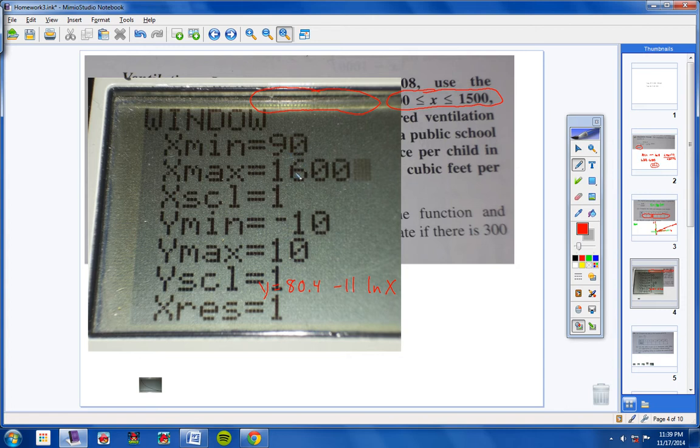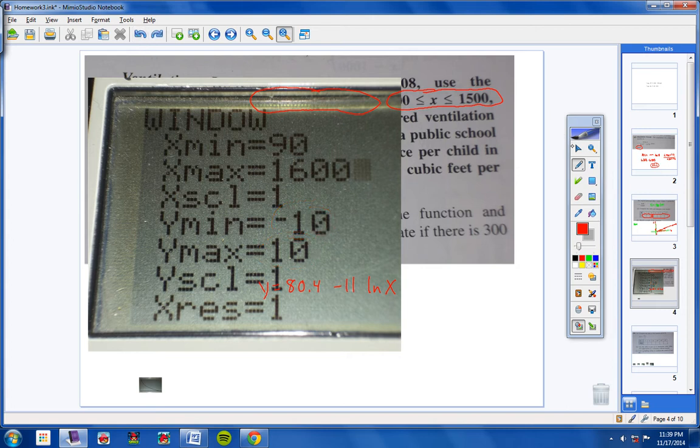And then notice, instead of putting 1500 for my max, I put 1600, just to give me a little bit more of a space, okay? Now notice that this has not changed and this has not changed, okay? You understand that? We're going to talk about that in just a second, okay?